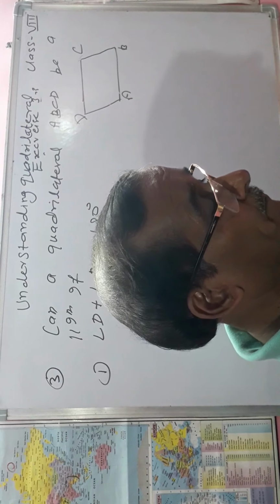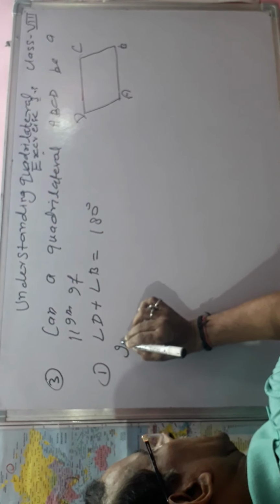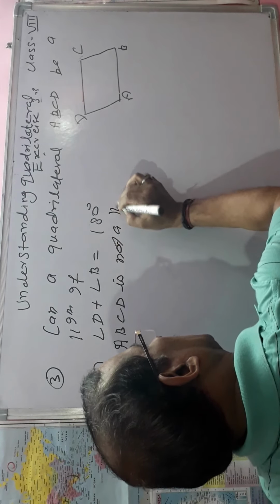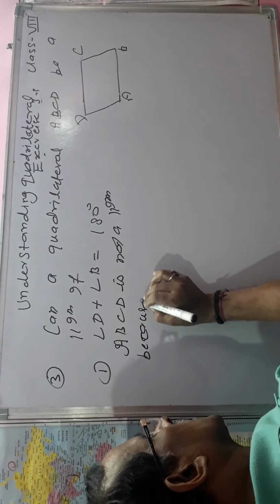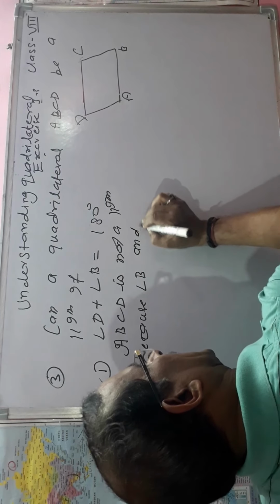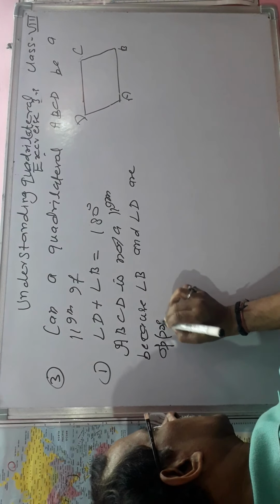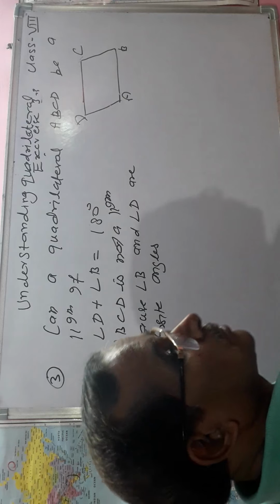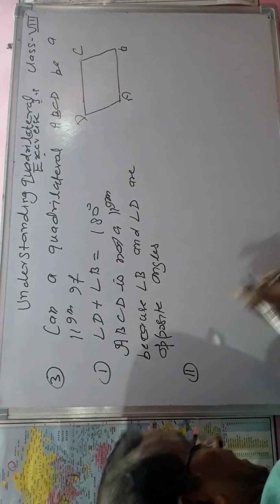Therefore, ABCD is not a parallelogram because angle B and angle D are opposite angles.